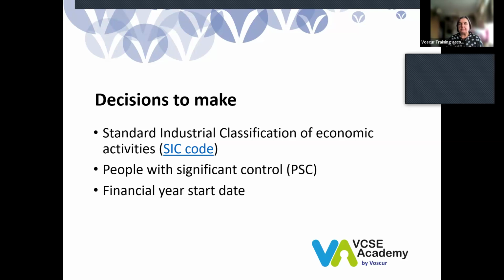So you'll see on the Companies House website, there's a great long list, which the link will take you to. Just look through that and find the closest one you can to what you're doing. I have to say, in the voluntary sector, our activities aren't very well covered, so don't stress about it too much. Just find something that will more or less fit.